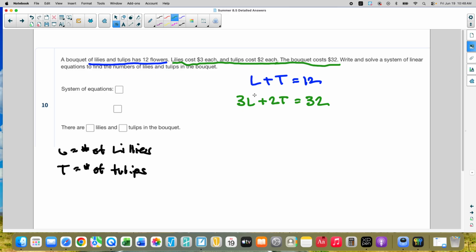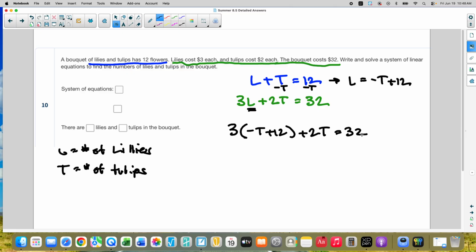We can use elimination or we can use substitution. I'll use substitution. We'll solve for L by subtracting T, so L equals negative T plus 12. Now where we see L, we'll substitute. So we get 3 times negative T plus 12, plus 2T equals 32.